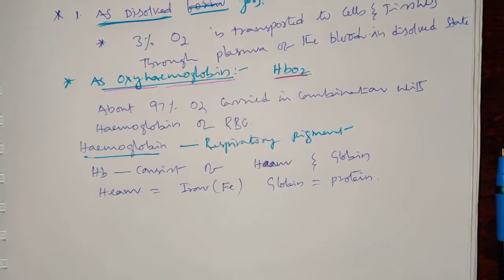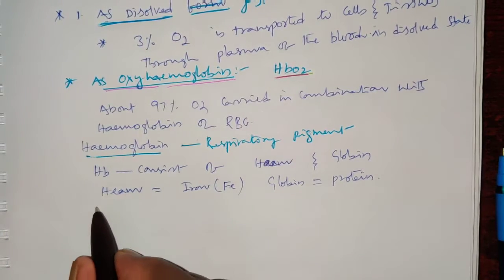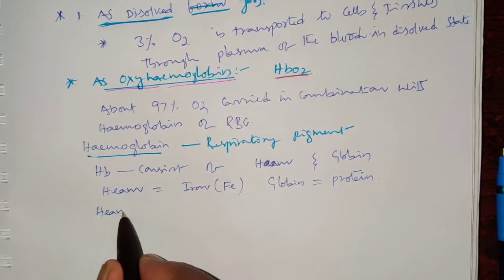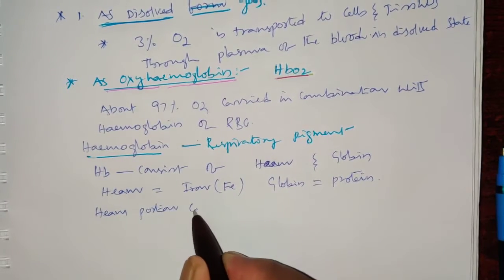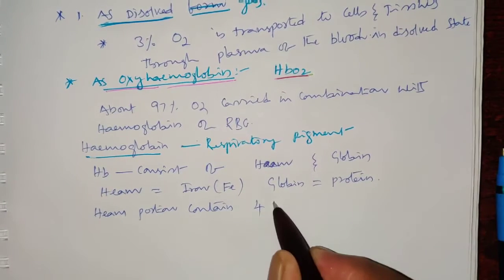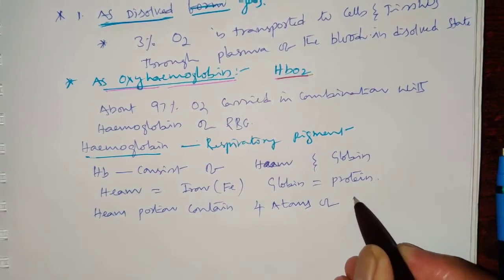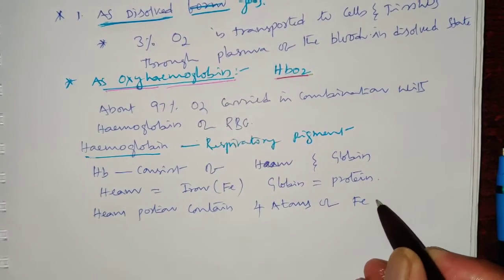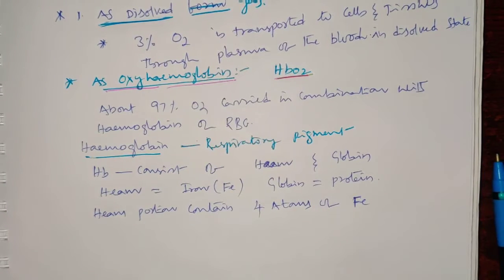The heme portion contains 4 atoms of iron.